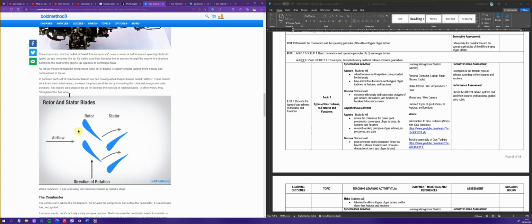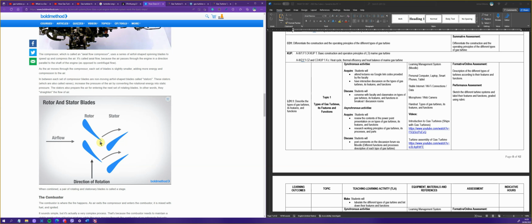Pag sinabi mong rotor, umiikot ba siya o stationary? Umiikot po, sir. Very good, umiikot siya. From the name itself, rotor. Ngayon, yung stator, ano siya? Yung buo yung nakatigil, sir. Yes, very good.